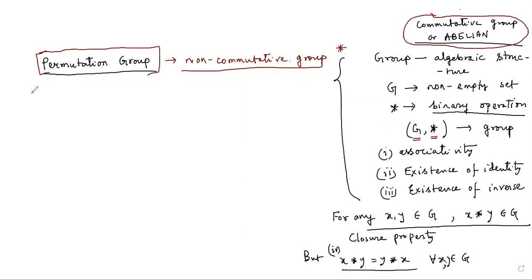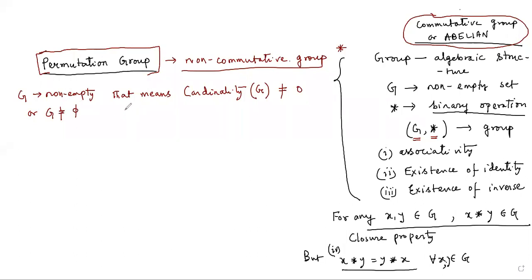Now, if we consider the set capital G to be non-empty, that means the cardinality of G, cardinality of the set is actually the number of elements present in the set. The cardinality of G is not equal to 0.